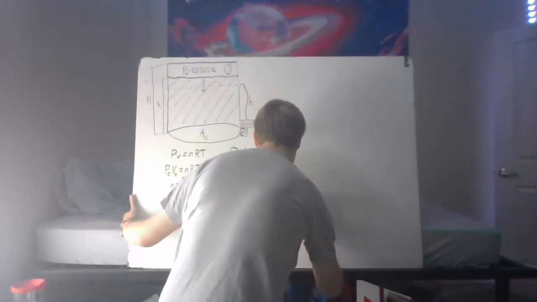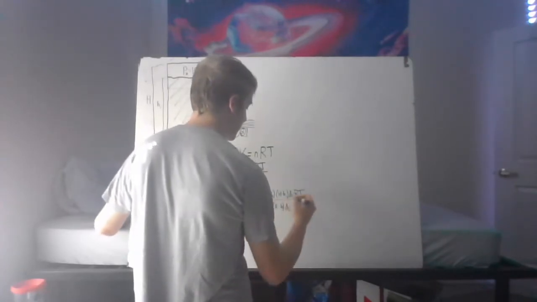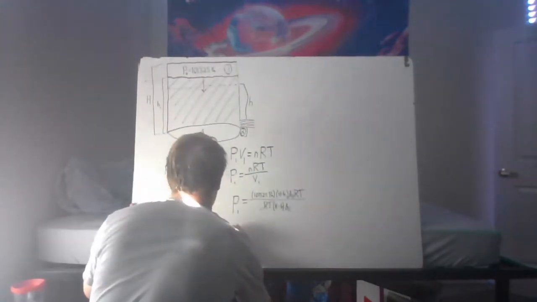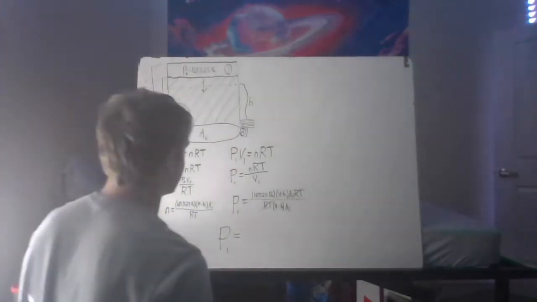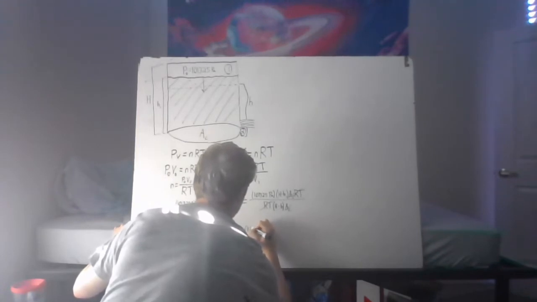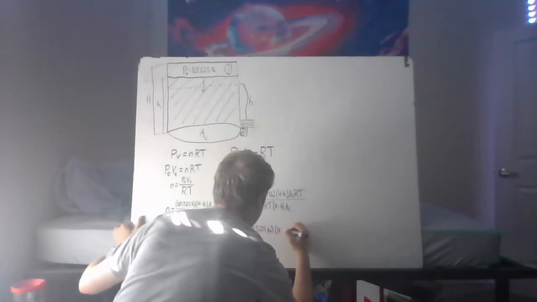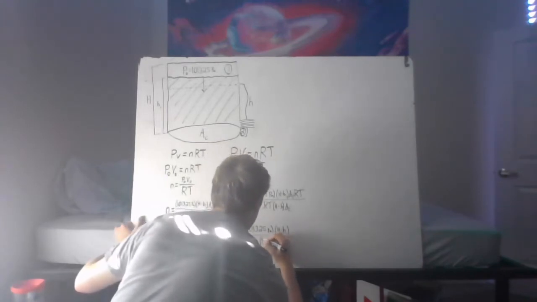As you can see, these cross-sectional areas will cancel, these RTs will cancel, and I'll write it down here: the pressure of the gas above the liquid at any height of the liquid is equal to 101,325 pascals times big H minus HI, all over big H minus little h.